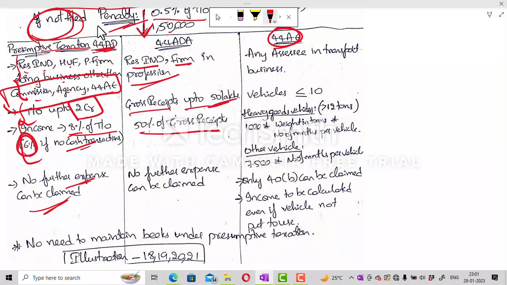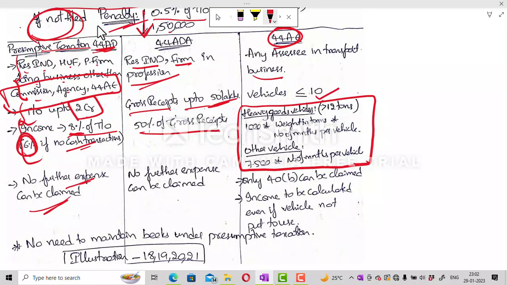Okay. 44AE. Any person in transportation business having vehicles less than or equal to 10. See, we need to remember this in order to answer the questions. This is important. Then how much tax we have to pay, how much income we should disclose.